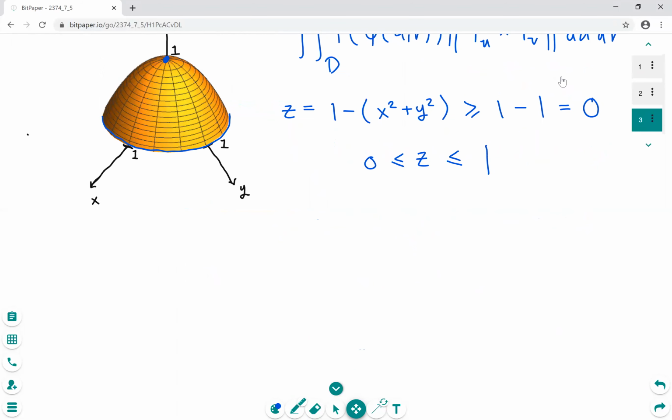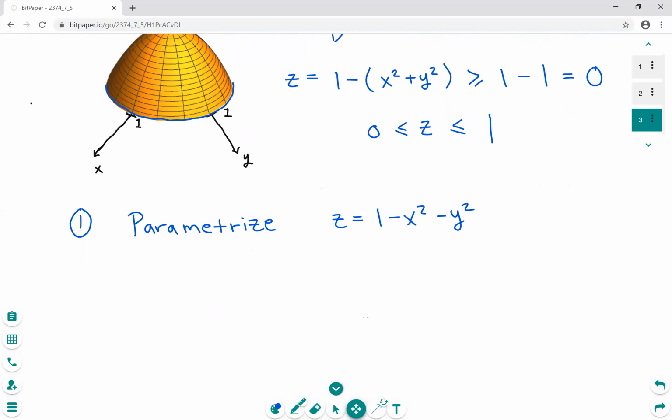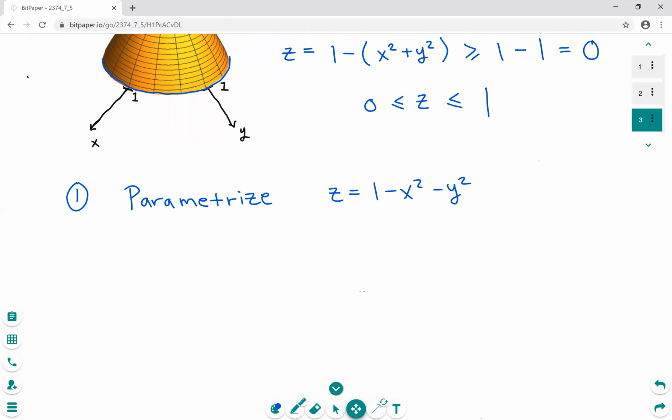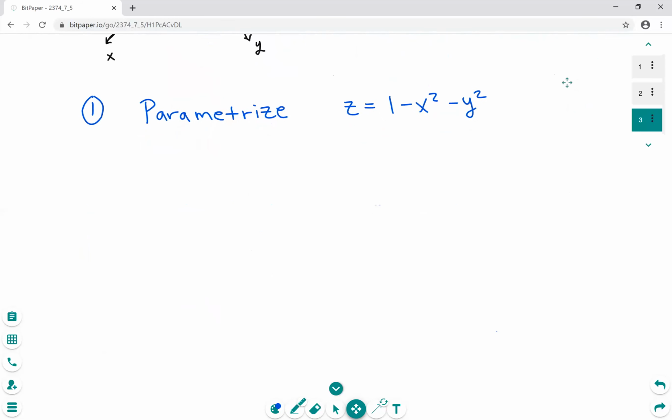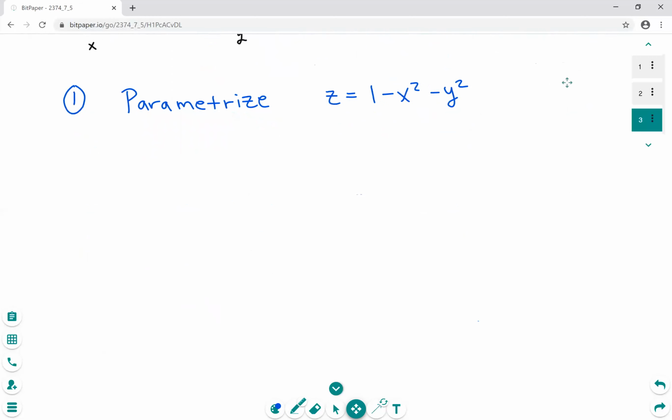So the first step now is we actually want to come up with a parameterization for z equals 1 minus x squared minus y squared. Your instinct here might be to let just x and y be our parameters.